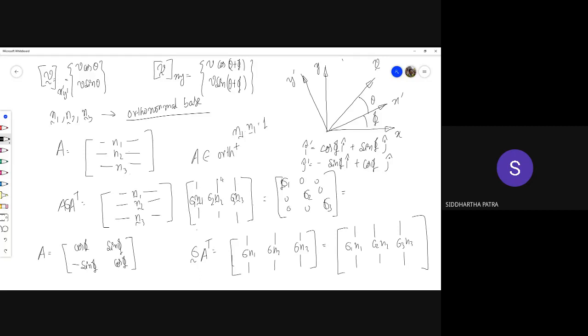Okay. And then multiplying A with the representation of v in the xy coordinate system. Okay.